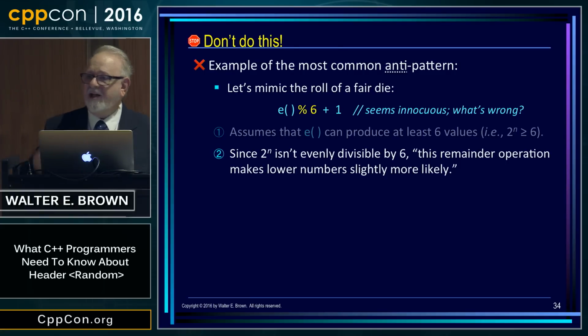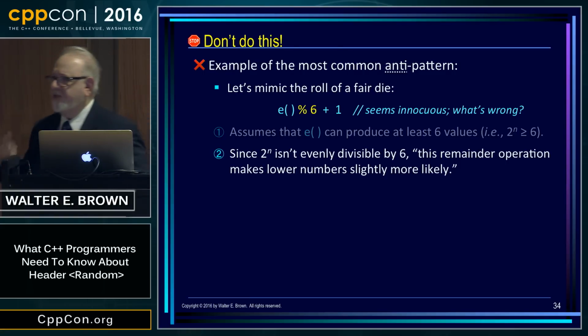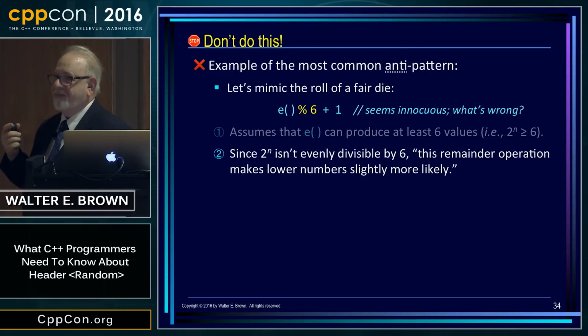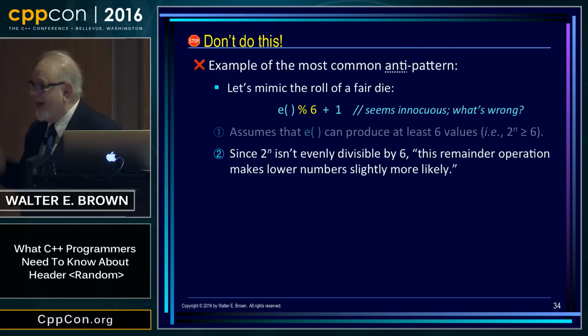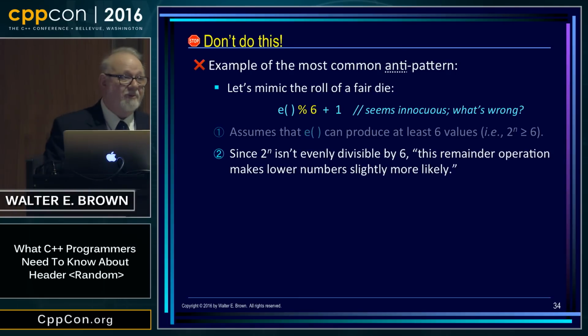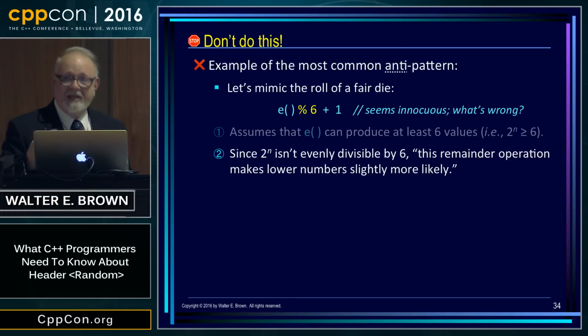There is no value of 2 to the nth that's evenly divisible by 6. I'm sorry, 3 is not a factor of 2 to the nth. Right? I mean, I think you've known this for a long time, right? I sure hope so.